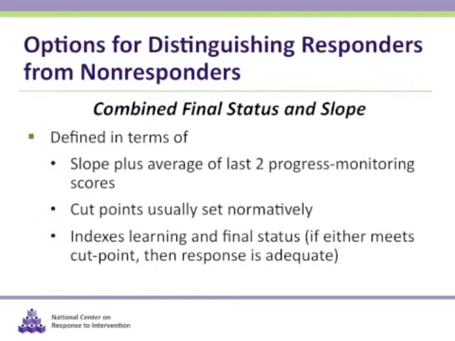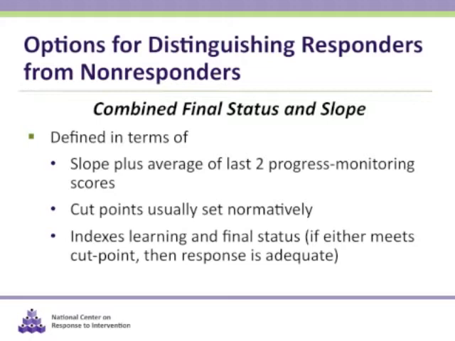So that brings us to the next slide, where some people recommend focusing on a combination of final status and slope. And so we define response as adequate slope plus strong performance on the average of the last two progress monitoring scores.